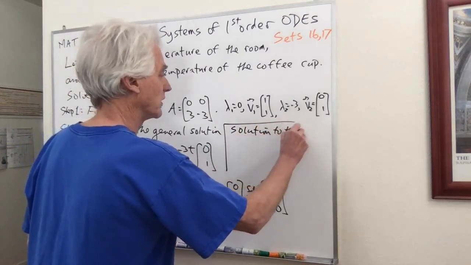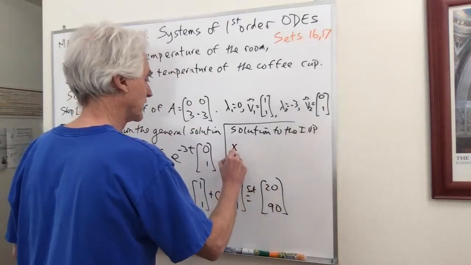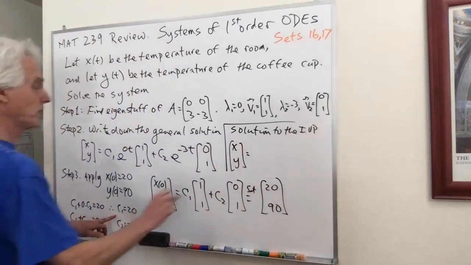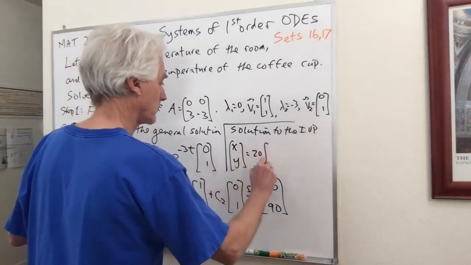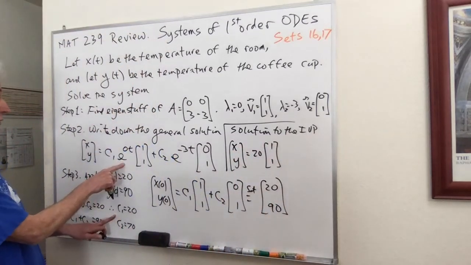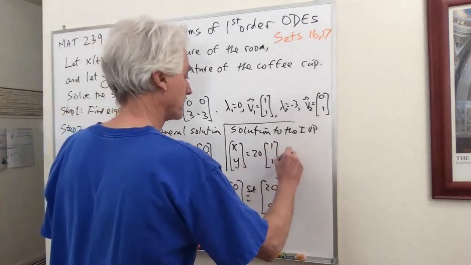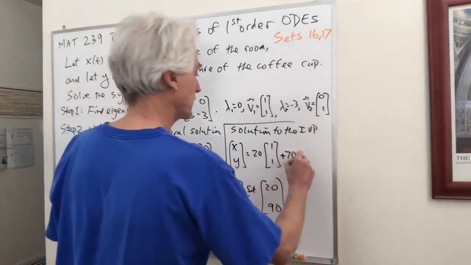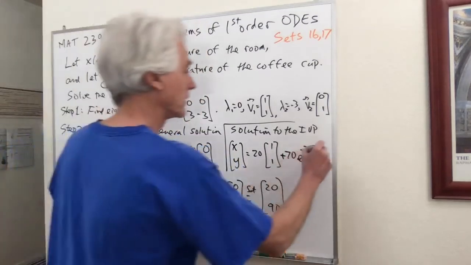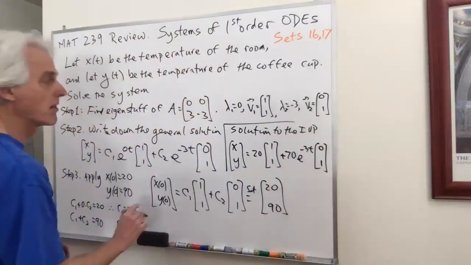So then I have to plug those back in, and we finally get the solution to the initial value problem: (x, y) is 20 times (1, 1), because e to the 0t is 1 for any t, plus c2, which was 70, times e to the minus 3t times (0, 1).